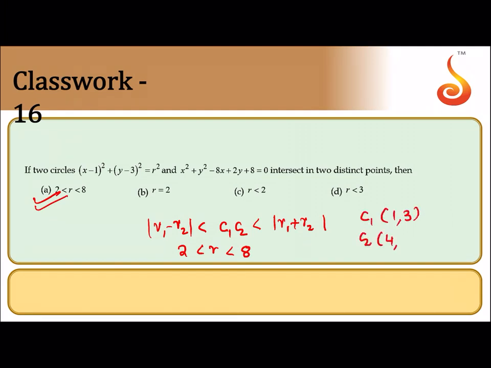C1 is given as 1, 3 and C2 is given as 4, minus 1. R1 is equal to R and R2 is equal to under root of 16 plus 1 minus 8, which is equal to 3. So you get R lies between 2 and 8. The concept is same.